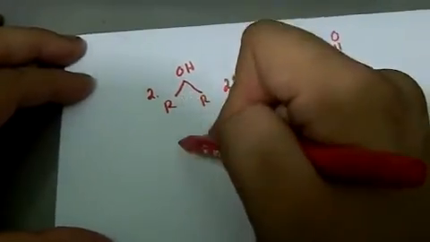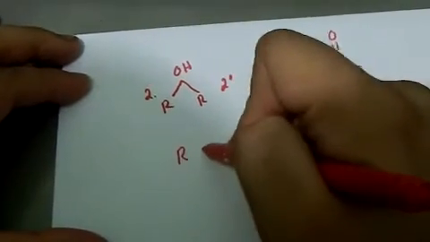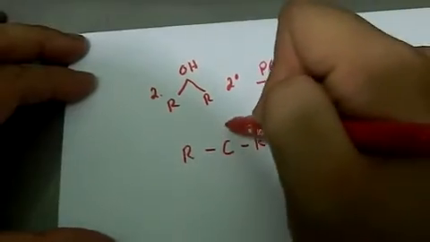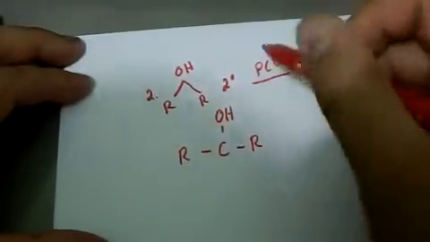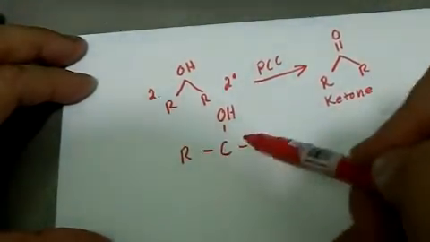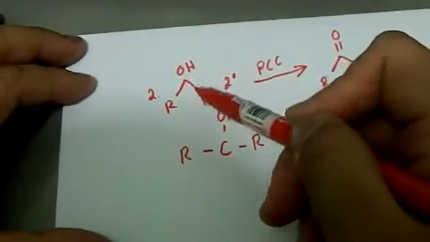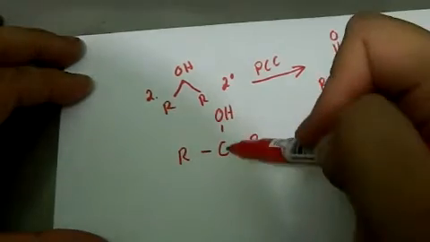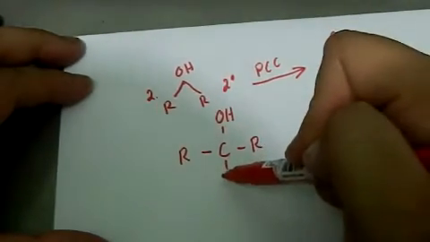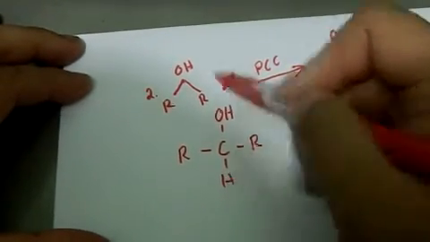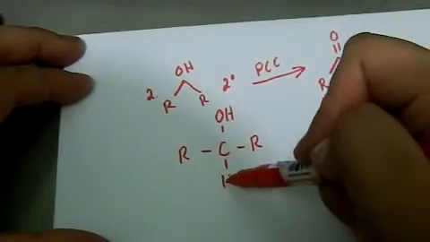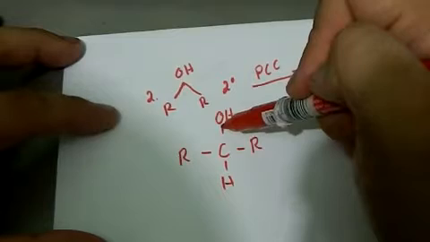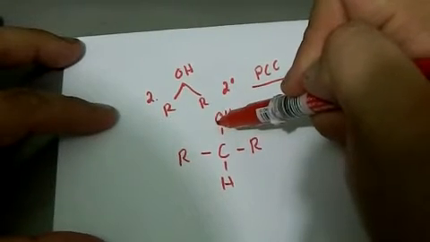If we're going to write this out this way, we can say that this is the same as this, because here is the carbon. Now remember, every carbon has 4 bonds. So even though we didn't write it here, the hydrogen is actually there. So here, we're going to double bond the oxygen.